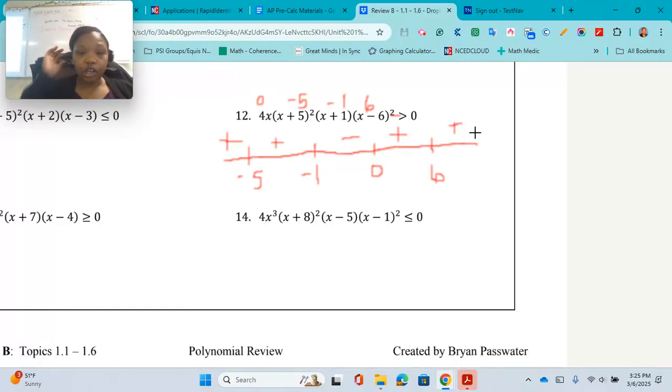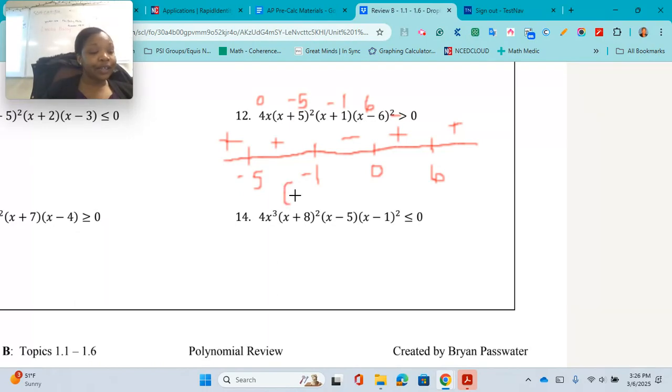All right. The inequality says we're only looking for values that are greater than 0. So we are looking for all the ones that say plus. Are we including our zeros? No. So we should only use what? Parentheses. Now let's start from the left to the right.